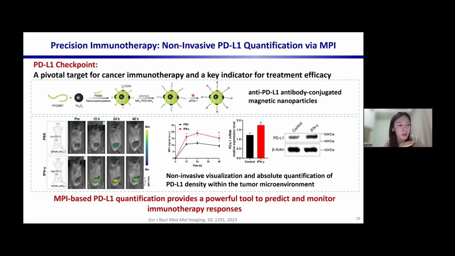Leveraging this mechanism and further modifying the particle surface with targeting ligands, such as peptides or antibodies, we can achieve molecularly specific imaging of biomarkers on the surface of tumor cells.